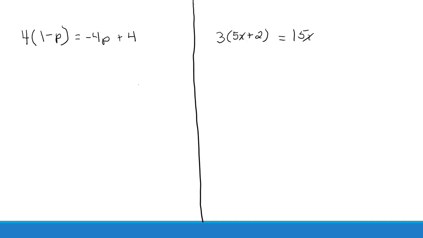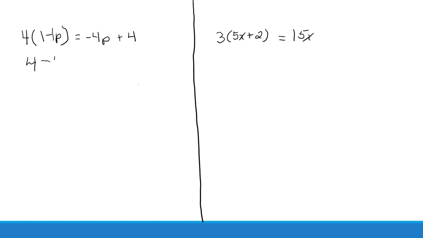In this one, on the left, I have 4 times 1 minus p equals negative 4p plus 4. I'm going to do distribution of the 4 to the 1 and the negative p. So 4 times 1 is 4. 4 times negative 1p, and even though we don't see that, we can know that any variable has a 1 in front of it.